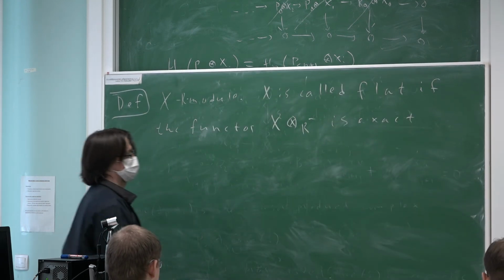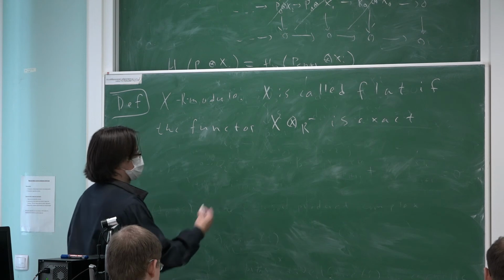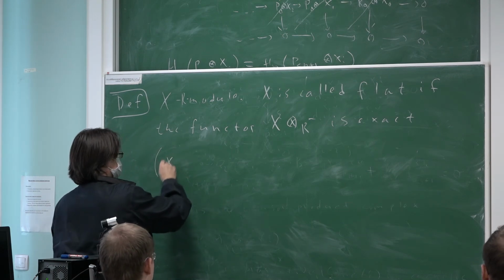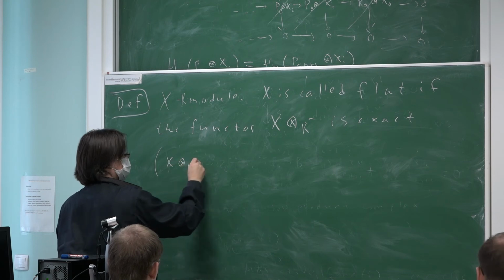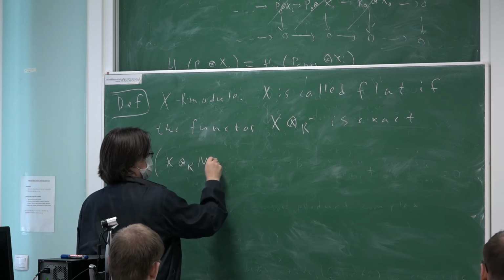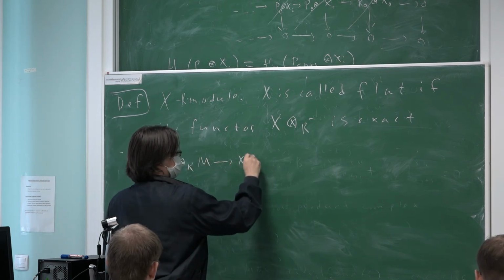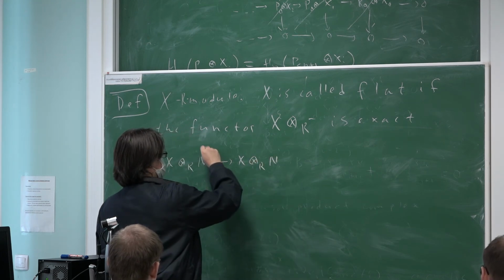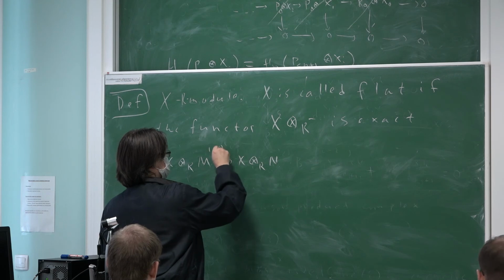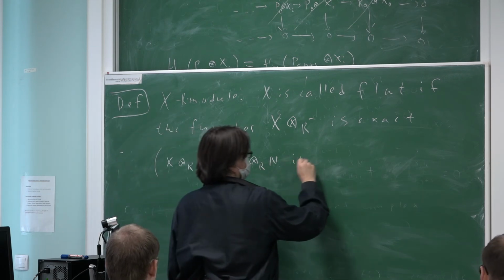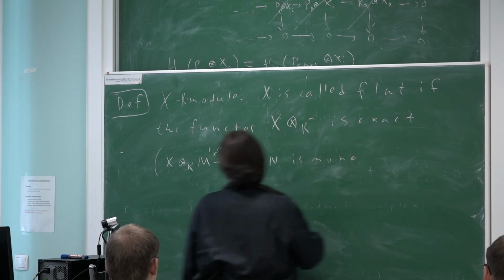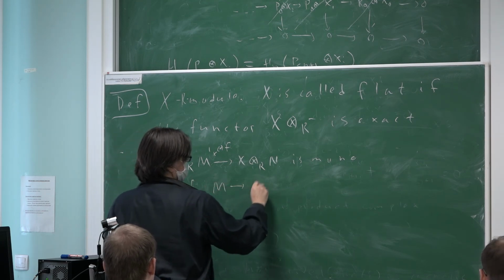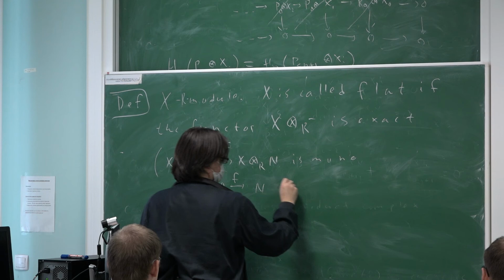Since the tensor product functor is always right exact, this is equivalent to the fact that X tensor over R M to X tensor over R N, here 1_X tensor f, is mono if the initial map f from M to N is mono.